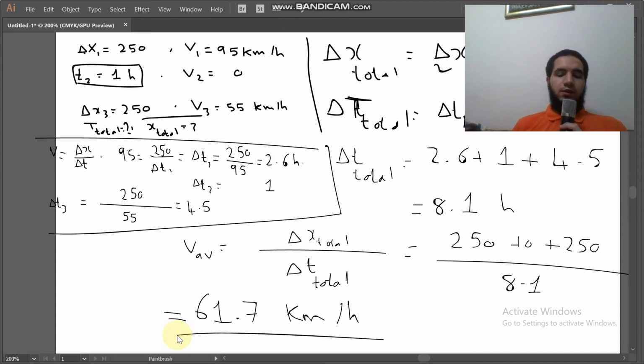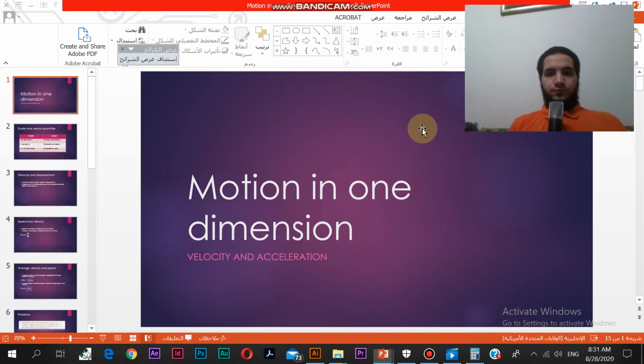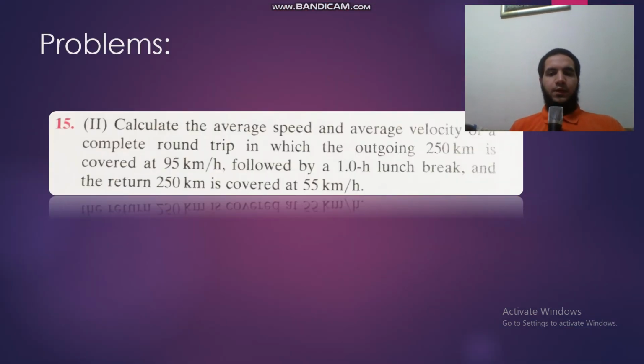So as we know, this is the average speed, although it stopped in the middle for a lunch break, but when we talk about the average speed, we are talking about the whole trip. So it gives us the average speed 61.7. Okay, where were we? Yeah.